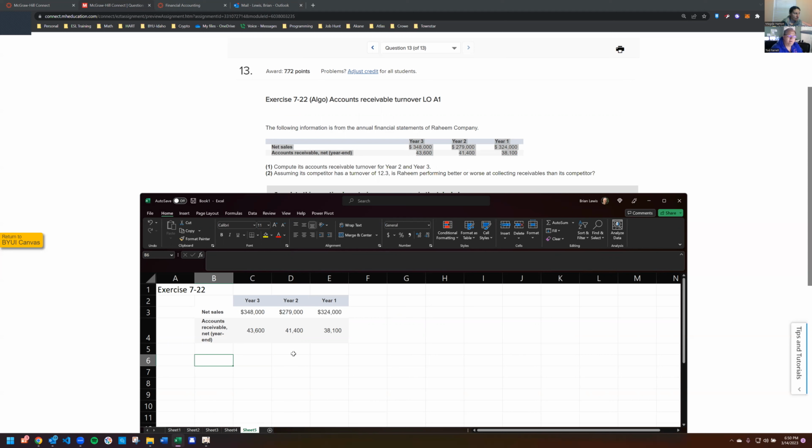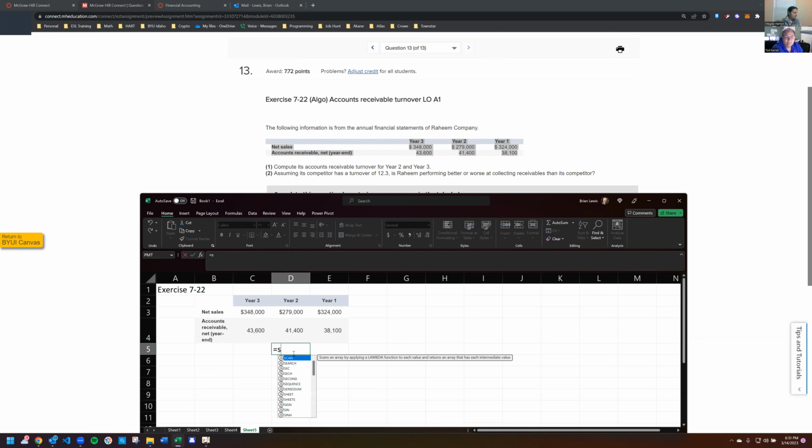Well, the accounts receivable turnover is just net sales divided by average accounts receivable, net. So really it should be, in this case, 348,000 divided by 43,600, for year 2 and year 3. So this is the average. Equals average receivables.